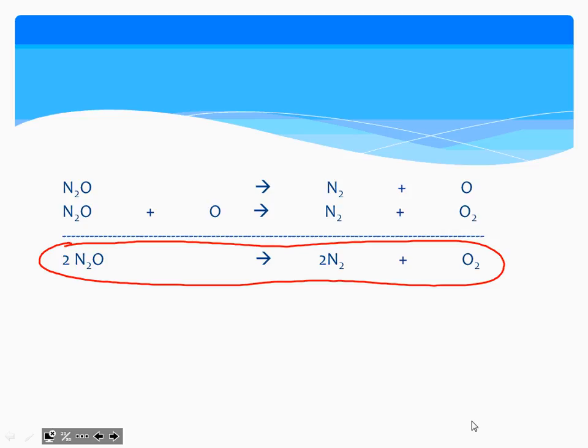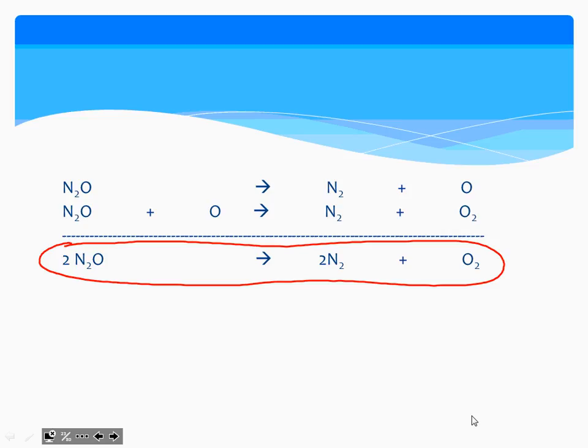Now, how many elementary reactions were required to get to this reaction? 2. Now, read to me, Ethan, what you wrote down an intermediate is. A product of a reaction in this one that immediately became a reactant in the next reaction.